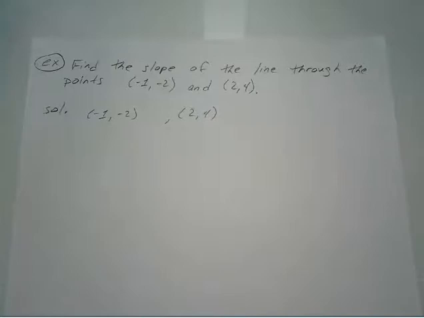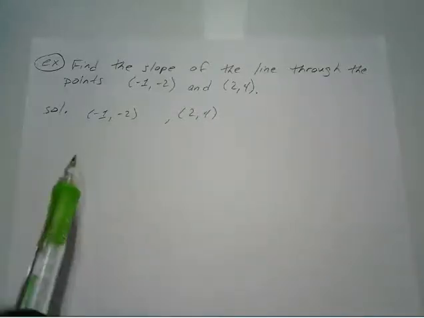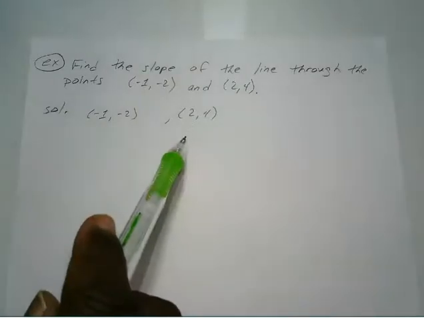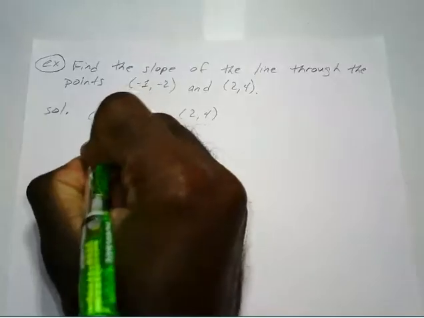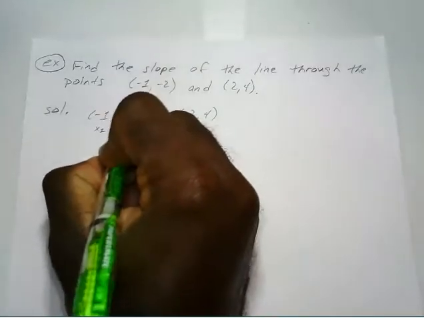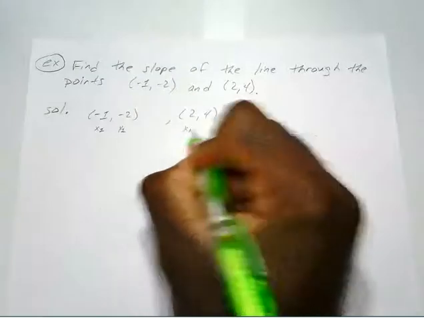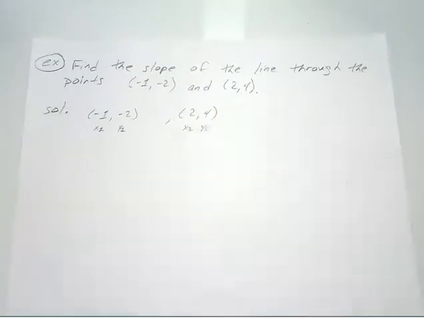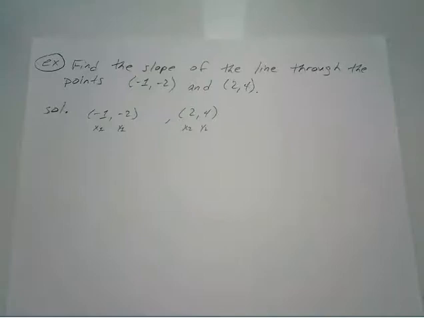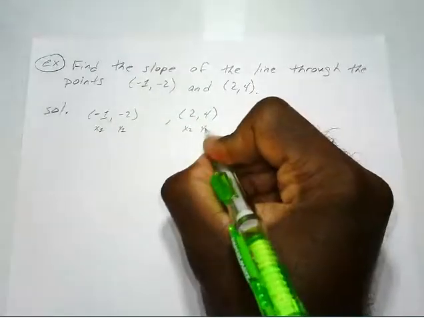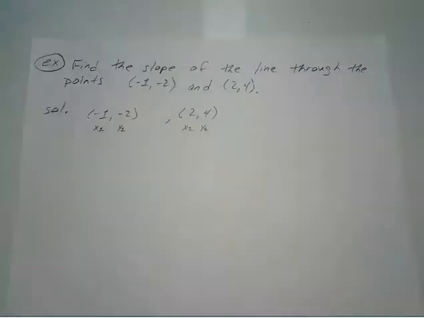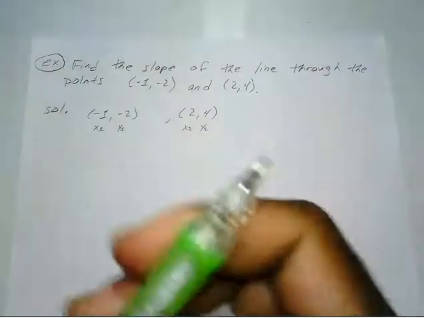Okay, so remember, to find the slope, the first thing you do is you assign your x1, y1 and your x2, y2. I'll make this my x1, y1, and this our x2, y2. Let me clear up that 2 a little bit. There we go. And make that a little clearer.